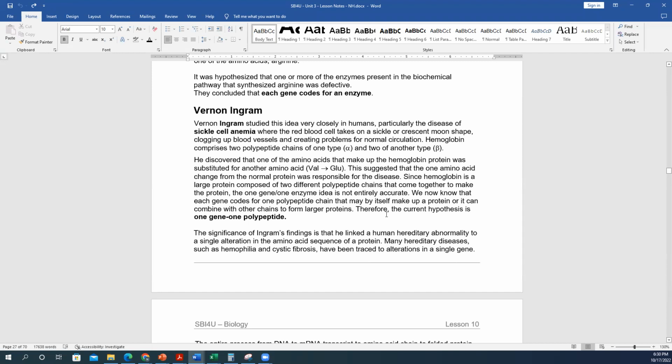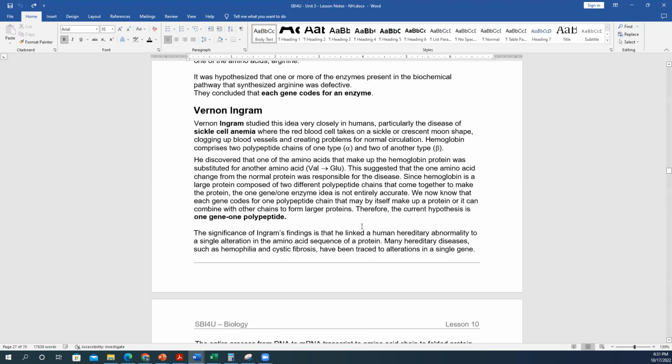And he discovered that when one of the amino acids that make up the beta chain of hemoglobin is substituted for a different one, specifically when you have a valine amino acid in the beta chain substituted to a glutamate, that this leads to a different conformation for that polypeptide chain, one that leads to the red blood cell having that sickle cell shape.